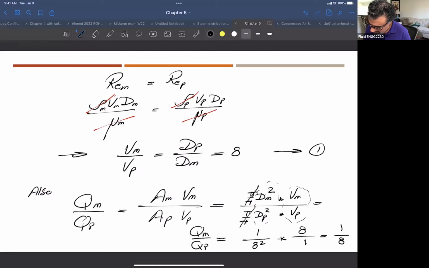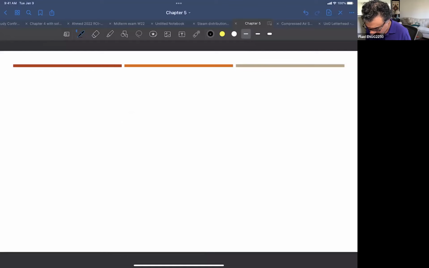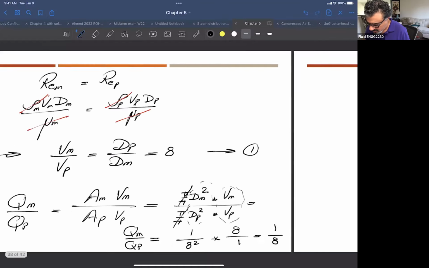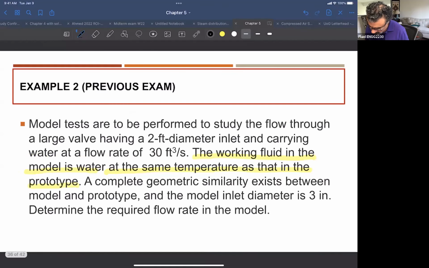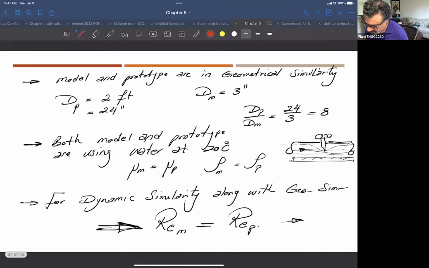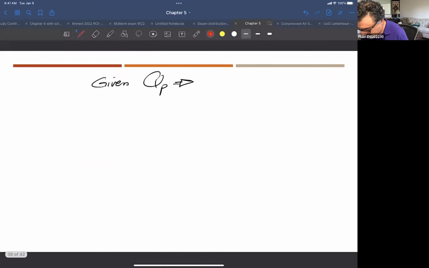So given here, Q of the prototype, the flow rate in the actual valve, is 30 feet cubed per second. So I can find out at what flow rate the model should be tested.